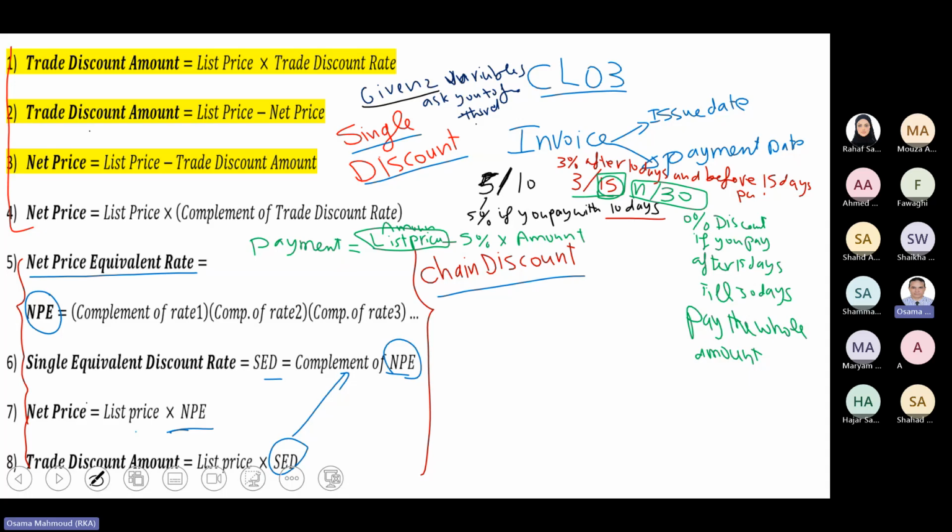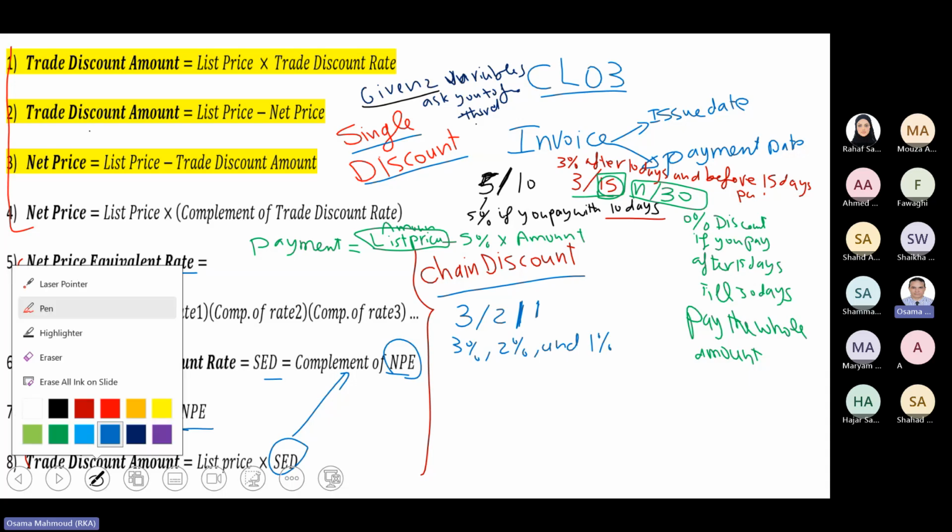Here, for the other part of this one, the chain discount, as I said many times, you have to get the net price equivalent rate, and you understand what complement means, right? You have here a notation like this one, 3, and then 2, and then 1. What does this one mean? It means you will get 3% discount followed by 2%, and finally you get an extra 1%.